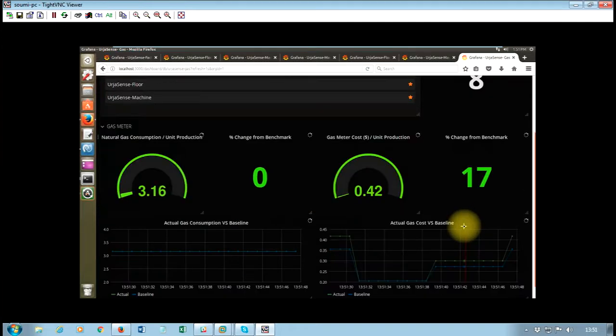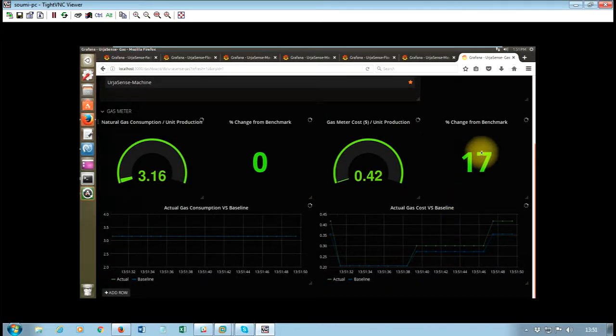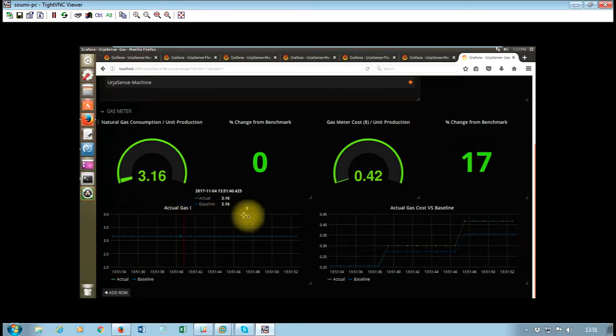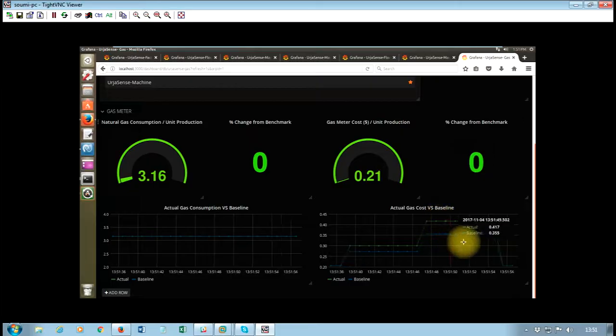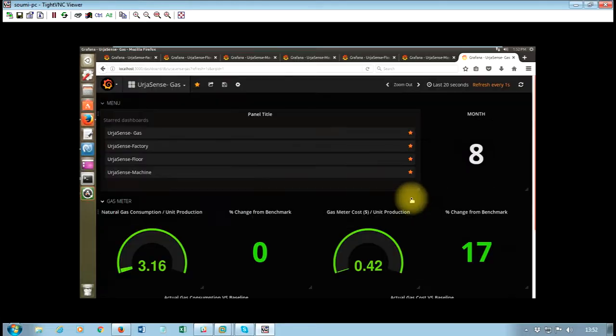Percentage change is 10% or 17% change, and we can see the actual gas consumption versus baseline, and the cost is changing because at different times different tariff rates are applicable, and that is why the actual cost is varying from the benchmark baseline cost. So this is what is being displayed at the different levels.